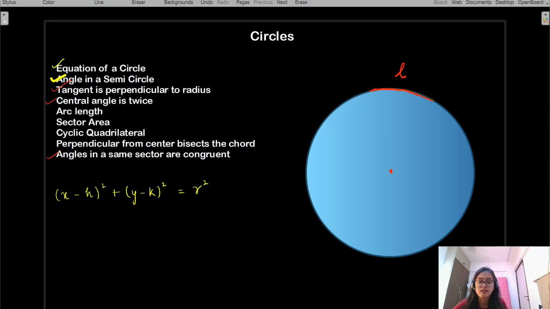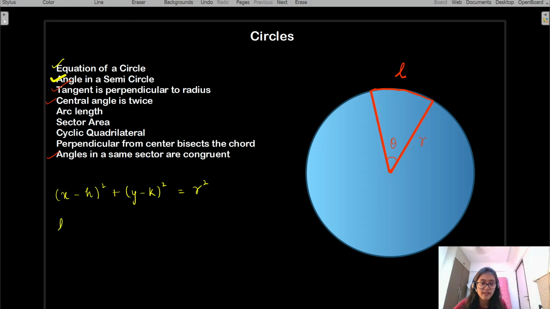We need the angle this arc is subtending at the center. Let's assume that this angle is denoted by the Greek letter theta. And the second thing that I need is the radius of the circle. If I know these two things, then I can find the length of the arc.